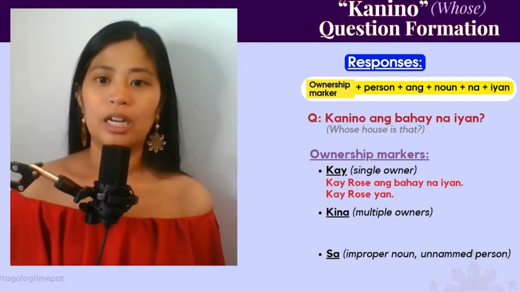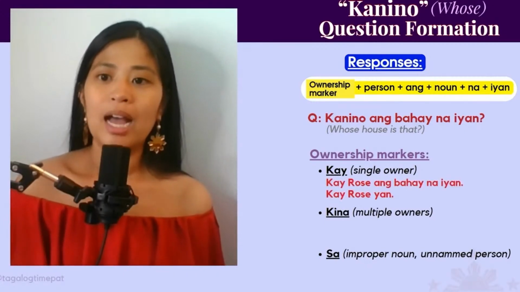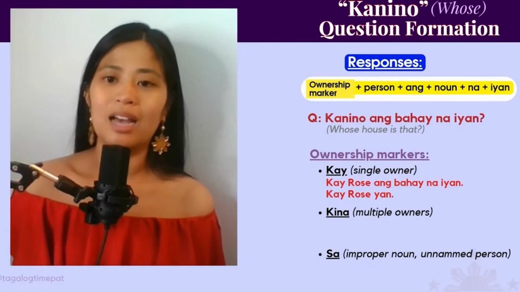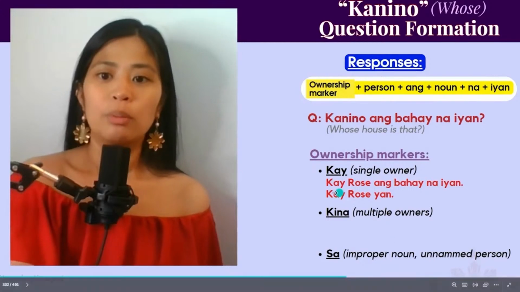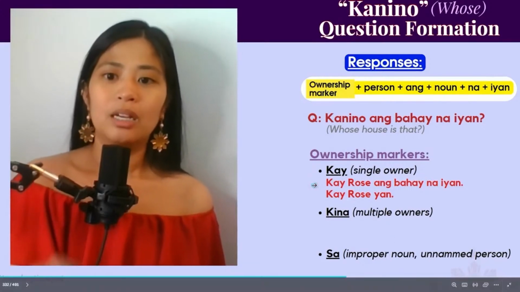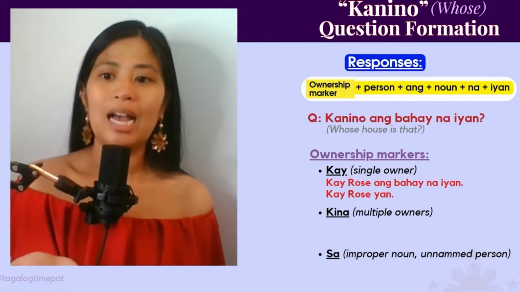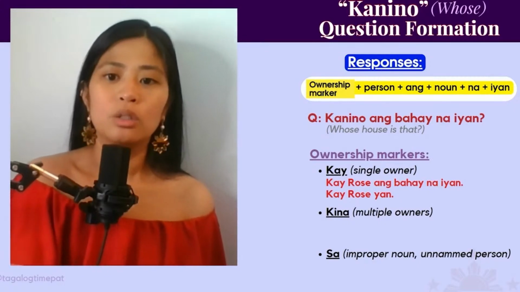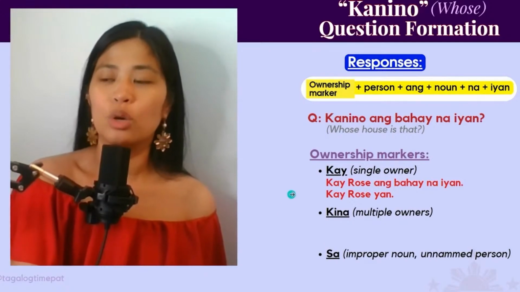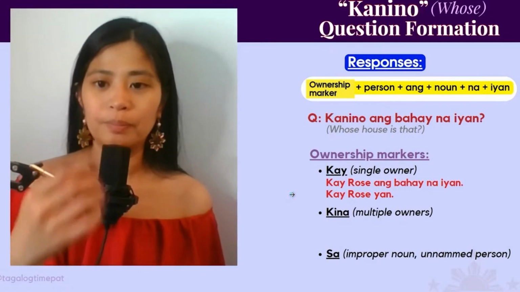So an example here. Kanino ang bahay na iyan? Whose house is that? Or kaninong bahay yan? If it's just one person, it would be kay Rose ang bahay na iyan. Kay Rose yan. So we are using kay because it's just Rose. It's just one person, Rose.